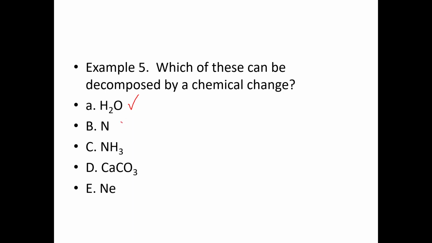B cannot be decomposed by a chemical change because that's an element. C, we have two elements here, they're bonded together. This is ammonia. That can be decomposed by a chemical change. D, that's our calcium carbonate again. That is a compound. That can be decomposed by a chemical change. And then lastly, E, that's good old neon. That's a single element that cannot be decomposed by a chemical change.